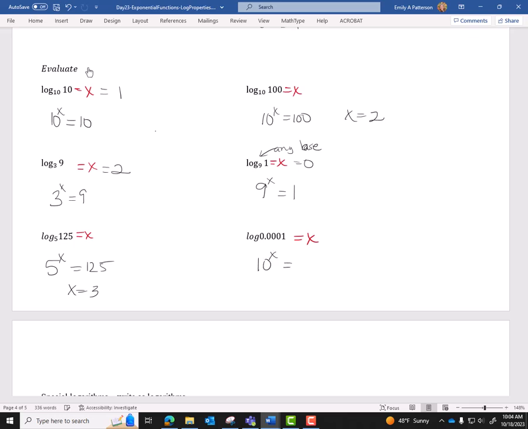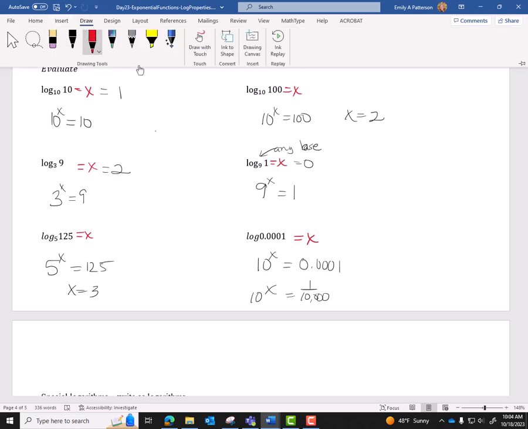So this is 10 to the x is equal to 0.0001. That is 1/10,000th. So 10 to the x is equal to 1 over 10,000. Now here's where we get into something. When we're going to a smaller number, we're actually raising to a negative exponent.